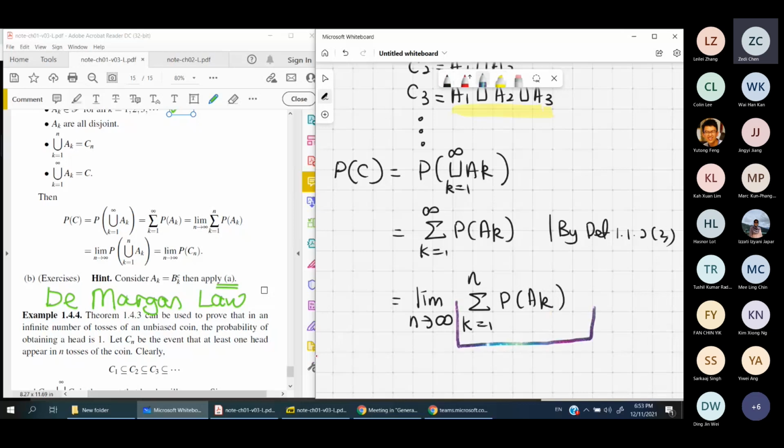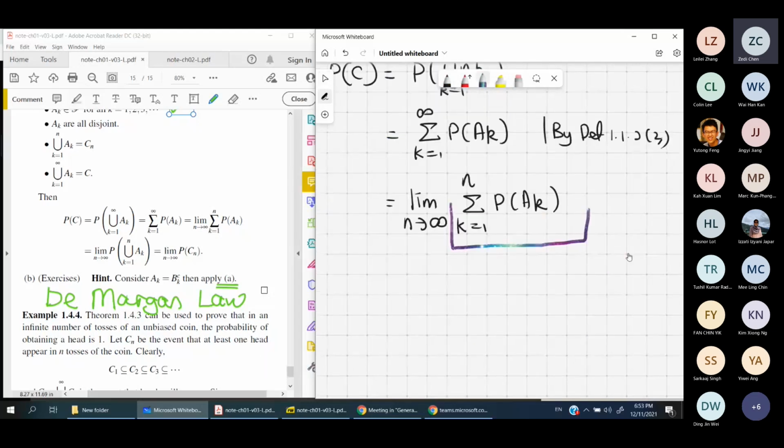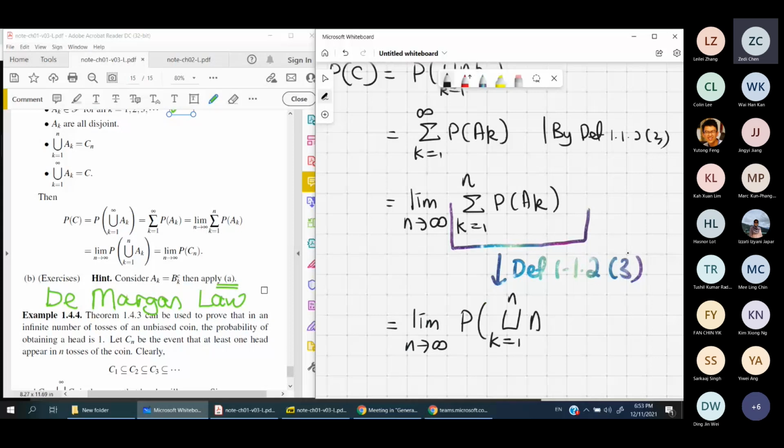So we can apply our definition once again. For this part, we use definition 1.1.2 part 3 again. Then it becomes P of the union here, right? But we have shown this.